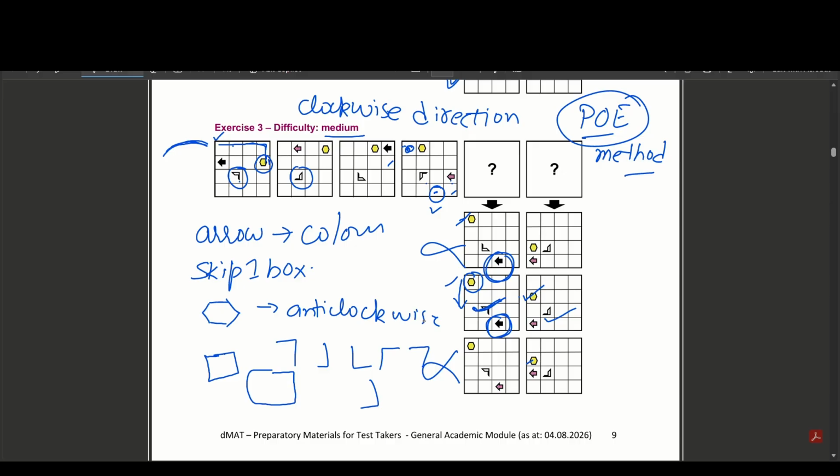Now we have to check this arrow. This is wrong. This is here. It is moving one step ahead and the color is changing. So the answer for this and this is matrix 2.